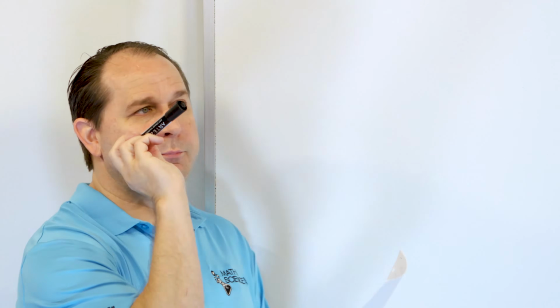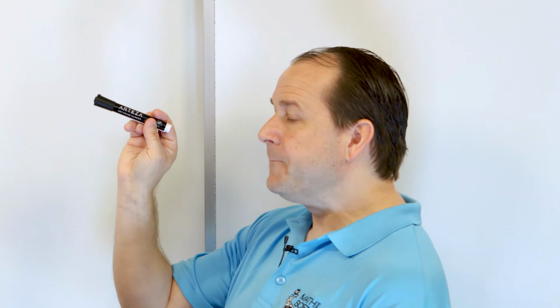So if I have a vector pointed this direction and it has a length of 1 in whatever coordinate system you're dealing with, then it's a unit vector pointed in this direction, right? If this is a vector that points this way and it has a length of 1, it is a unit vector pointed this way. If it points this way and has a length of 1, it's a unit vector pointed this way. So a unit vector literally is just a vector that has a length of 1. Any vector that has a length of 1 is called a unit vector, all right?